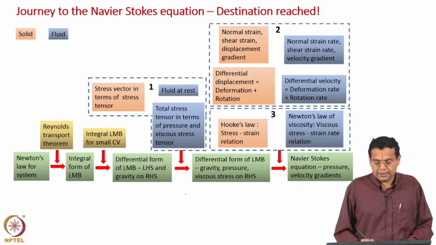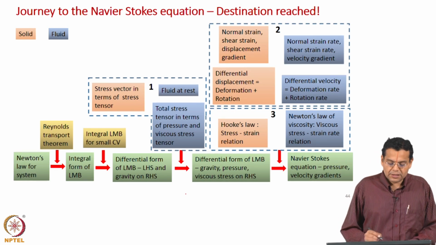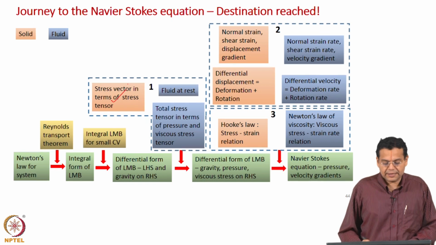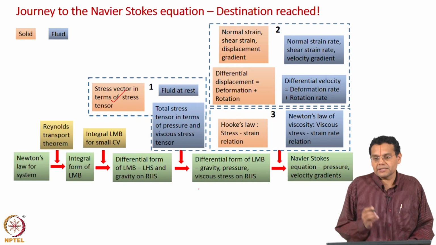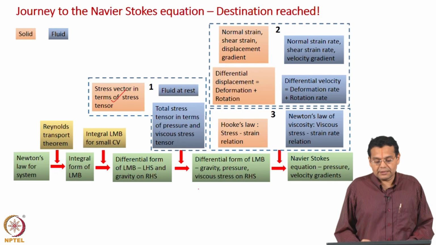We have evaluated the components of the viscous stress tensor. Now we also discussed the stress vector and the relationship between stress vector and stress tensor. So if we know the stress tensor, we can evaluate the stress vector, and also we can evaluate the shear force acting on the plates, and that is what we will do now.